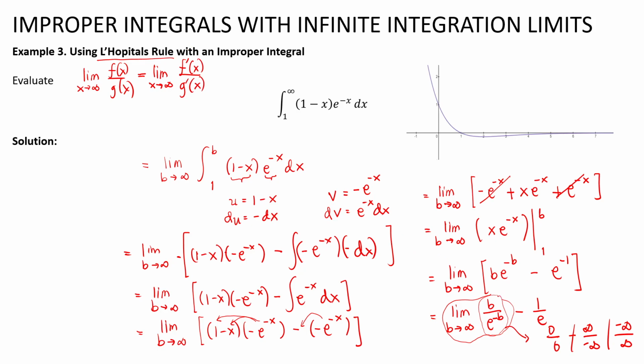So we get the derivative of b, which is a constant 1, and then the derivative of e to the power of b, which is the same. So this becomes the limit of b approaches infinity, again by L'Hopital's rule, 1 all over e to the power of b. Then the other one is 1 over e.